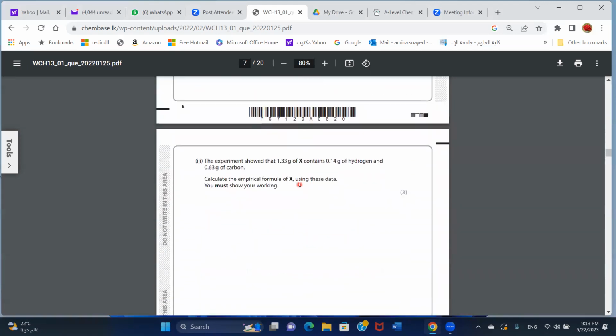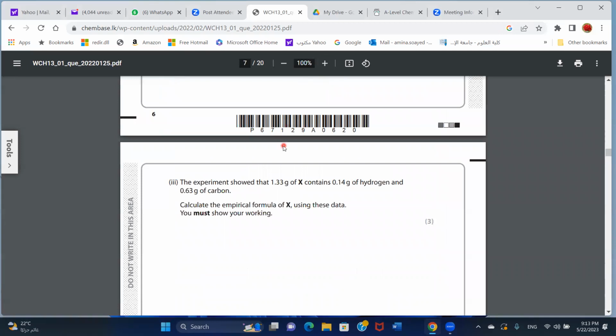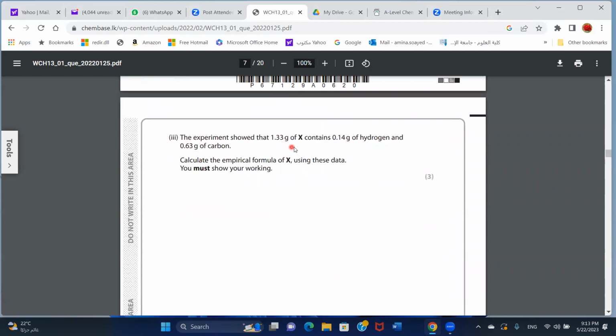Yes, excellent, Miral. The experiment showed that 1.33 grams of X contains 0.14 grams of hydrogen and 0.63 grams of carbon. Calculate the empirical formula of X. Okay, so first you write the mass of each element.